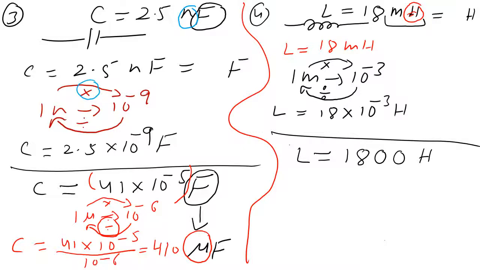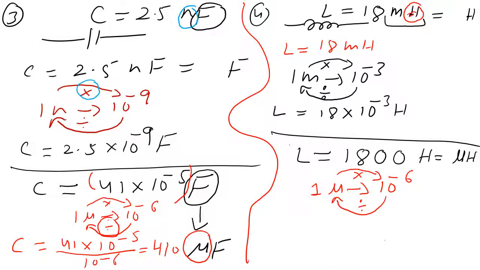So you have to change this Henry to microhenry. How do you do this? First you write the relation between the micro and the number. The micro stands for 10 to the power minus 6. Now if you are moving from micro to number, you multiply, and if you have the number and you are changing to micro, you have to divide.